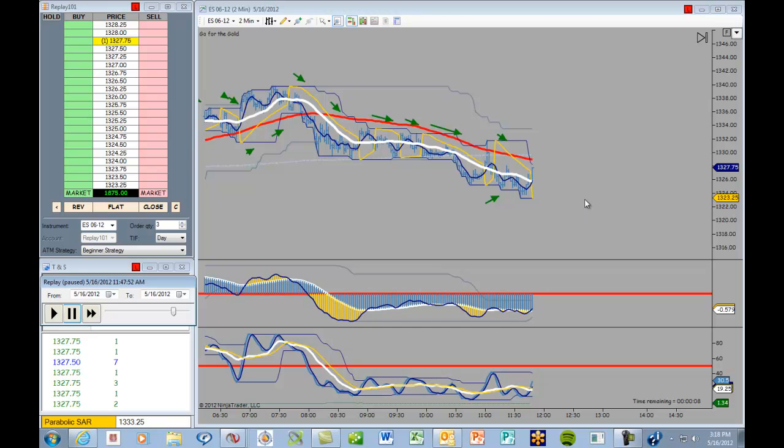Okay, now maybe this is the bottom. We've actually got some additional divergence on the MACD. We flipped the parabolic, and we've got a bullish cross on MACD and stochastic. So let's try it again.